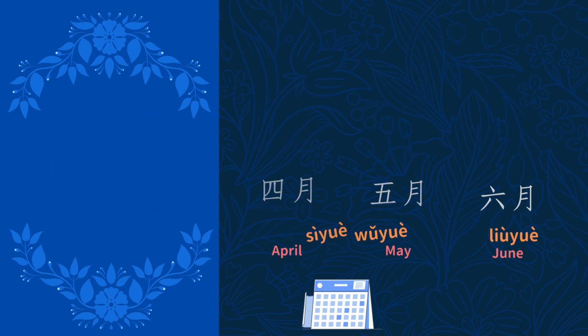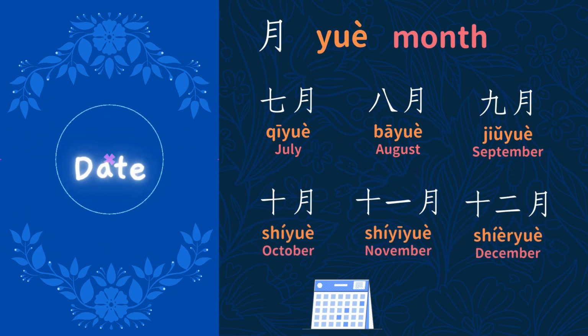Alright, move on to July to December. July, the 7th month. 七月. August, 八月. September, 九月.